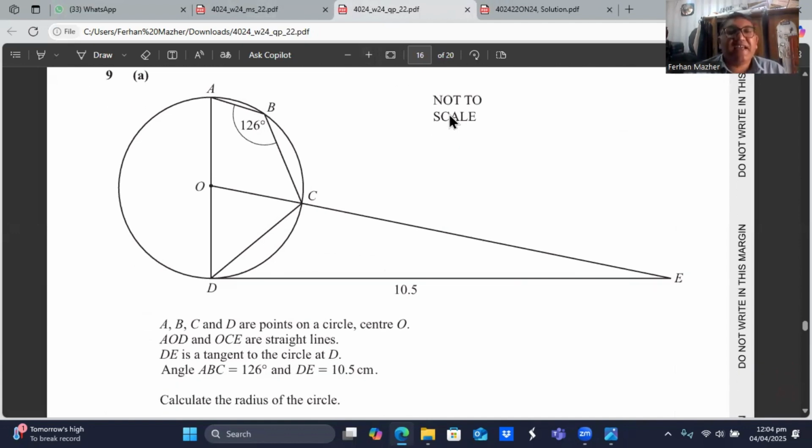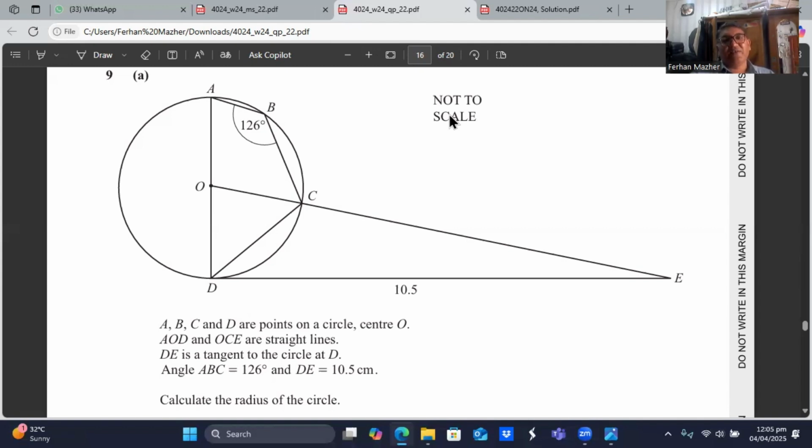A, B, C, and D are the points on a circle center O. A, O, D, and O, C, E are straight lines. D, E is a tangent to the circle at D. Angle ABC is 126 and DE is 10.5. Calculate the radius of the circle.